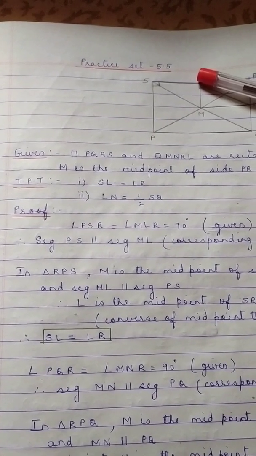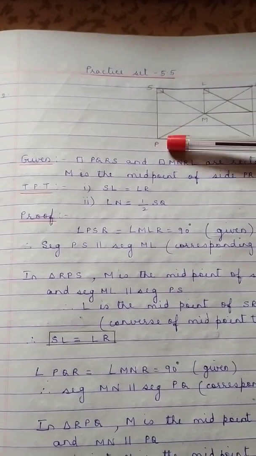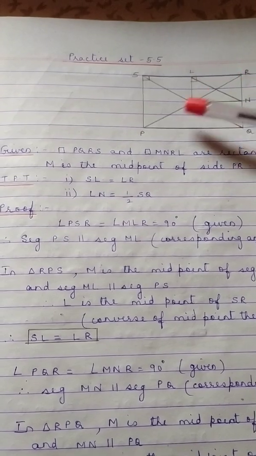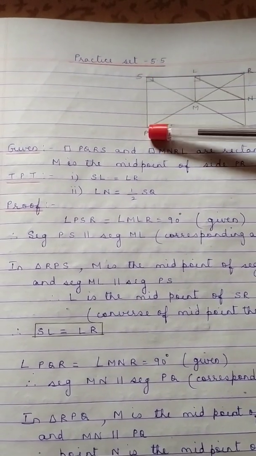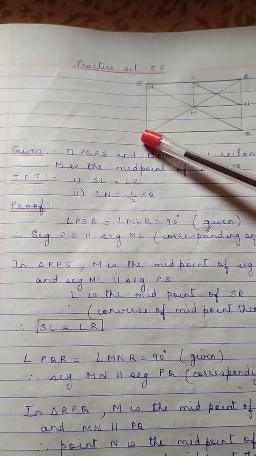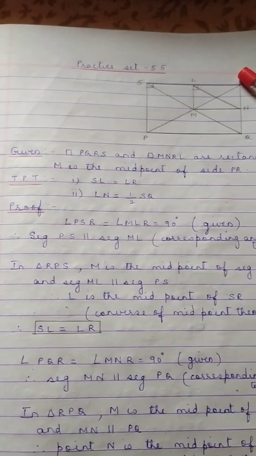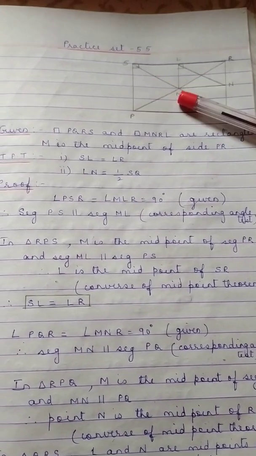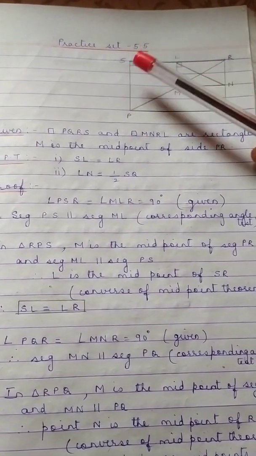Now, if I consider this triangle RPS, I have these two lines which are parallel to each other. M is the midpoint of PR. So according to the converse of midpoint theorem, I know that L will be the midpoint of SR.